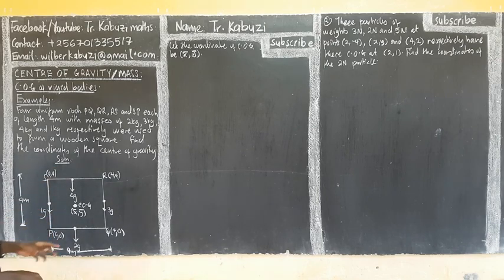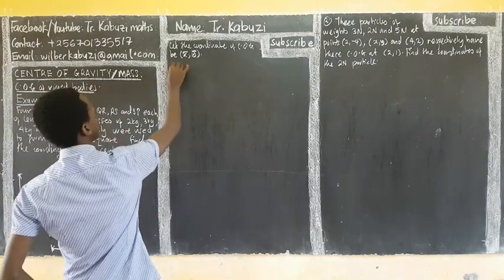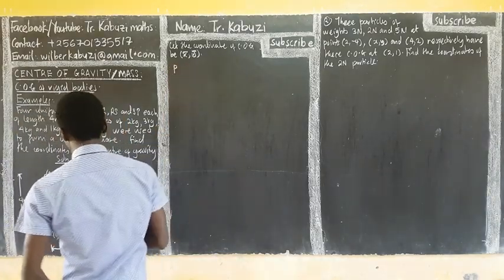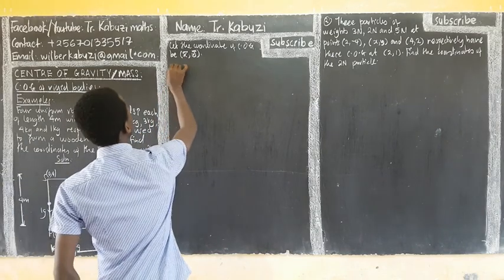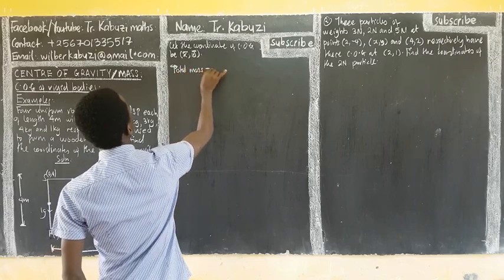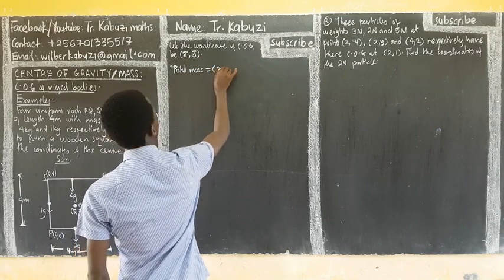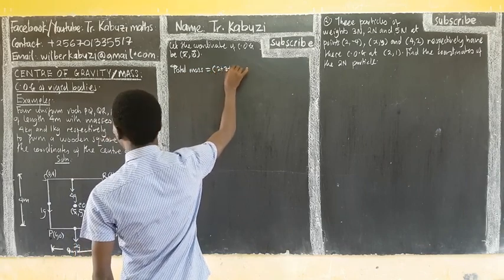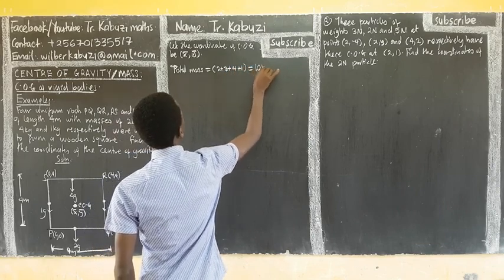Now, our task is, if I'm to take moments at this point here, taking moments at P. Of course, I first get the total mass. Total mass is going to be, I add them, 2 plus 3 plus 4 plus 1, which is going to be 10 kilograms.